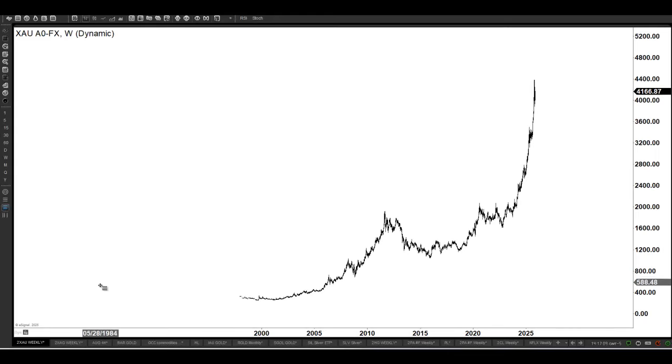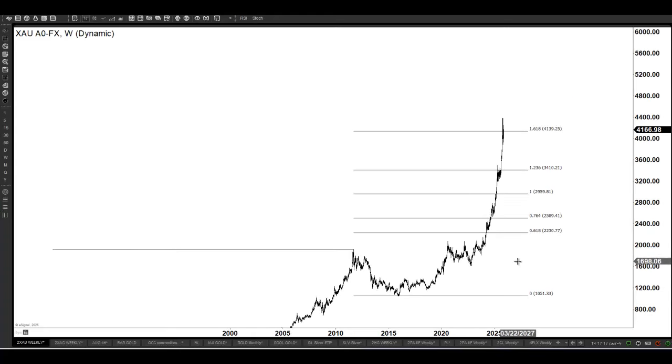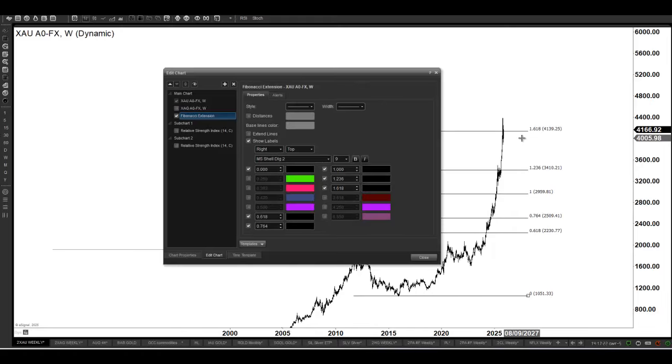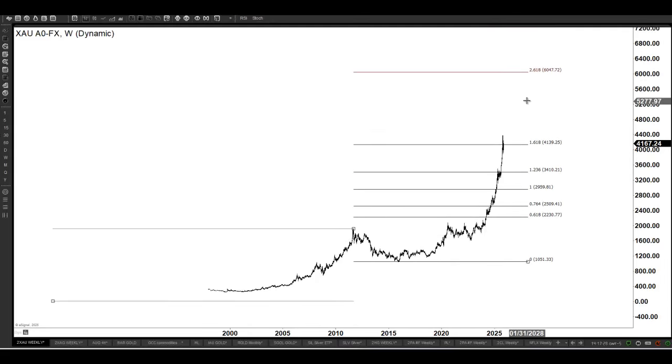The next target should be around the 2.618. By that time, silver should be around 90. And then gold can see even 7,000 in the next 5 years.